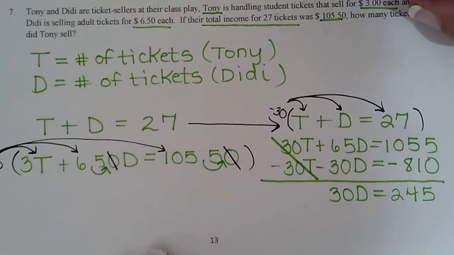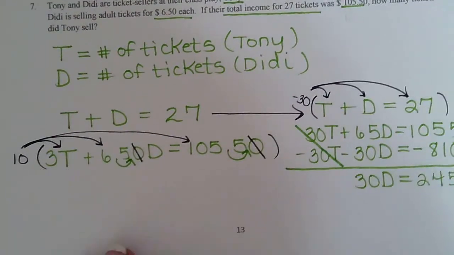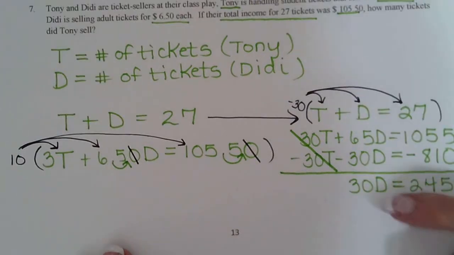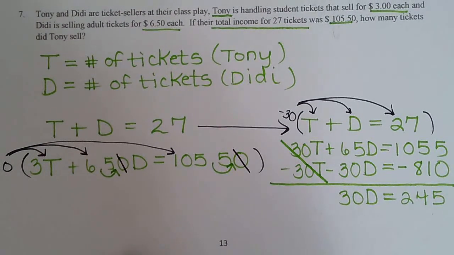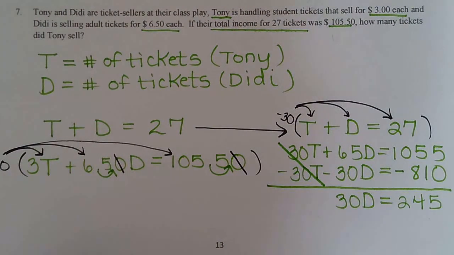Somewhere there's a mistake. Let's find the mistake. How did I know that? Because I know the number of tickets Dee Dee sold has to be a whole number. So the minute I see that, I go, okay, wait a minute, something's going wrong here.